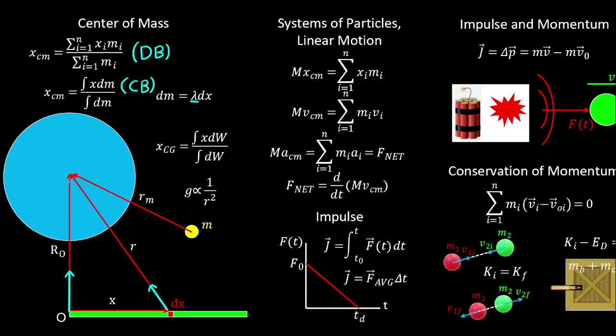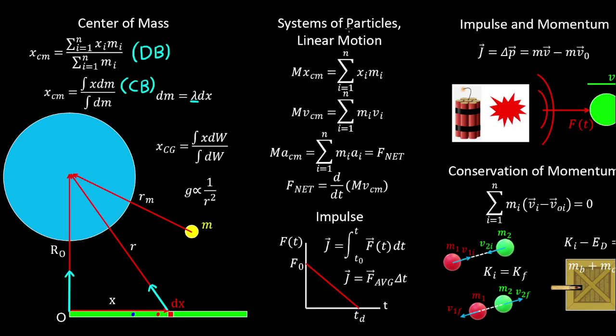So in this case, the gravitational force will be stronger near the origin, and the center of gravity will be to the left of the center of mass of the bar, which is in the middle for a bar with a uniform density. So noting the gravitational acceleration and the gravitational force is inversely proportional to the radial distance between two masses.